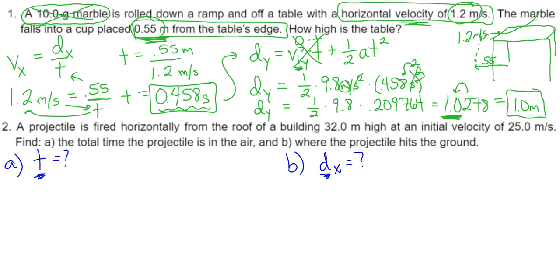Okay, so we're basically working our way backwards from the previous problem. We're first going to figure out the time, and then we're going to figure out the horizontal distance. Well, we were given a velocity and a vertical height of the building. So again, we have a building. The building is 32.0 meters tall.